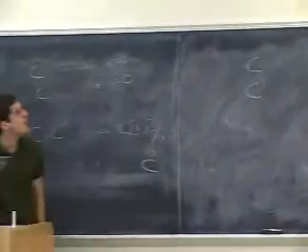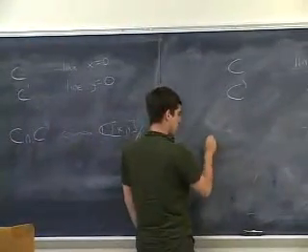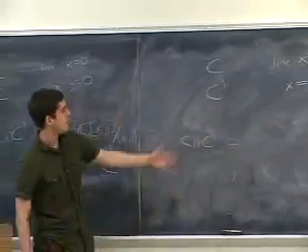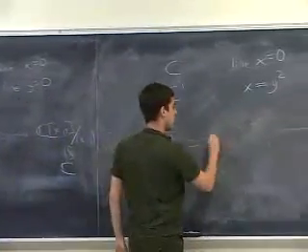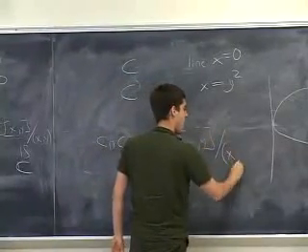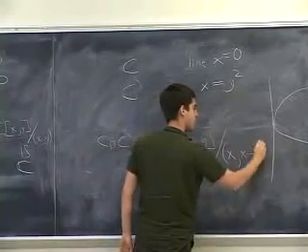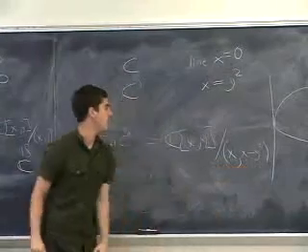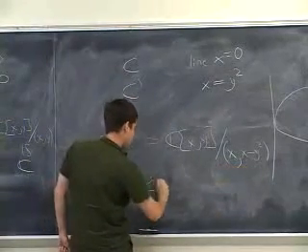What happens on the level of rings? Well, the intersection of C and C prime is encoded at the level of rings by taking this polynomial ring in x and y and killing x and x minus y squared. Well, of course, once you've killed x, you're then just killing, in addition, y squared.